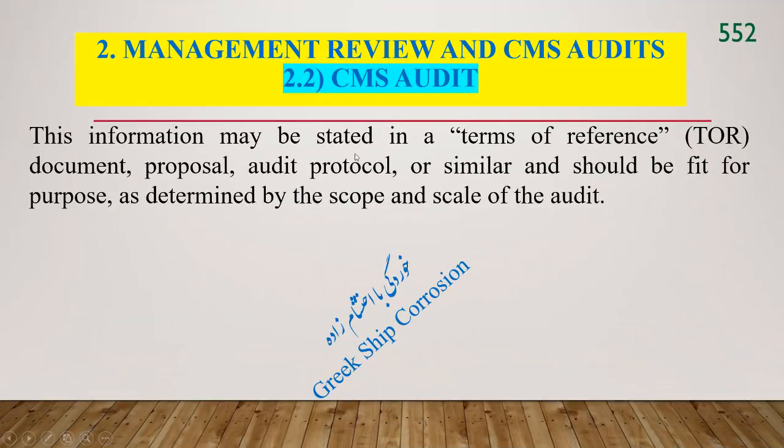This information may be stated in a terms of reference (TOR) document, proposal, audit protocol, or similar and should be fit for purpose, as determined by the scope and scale of the audit.